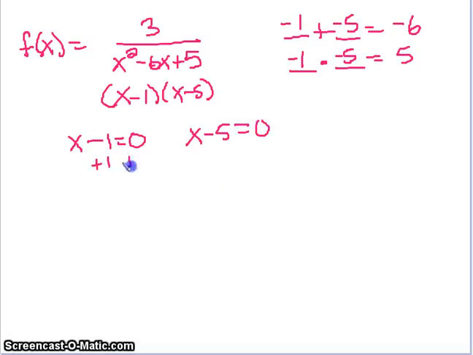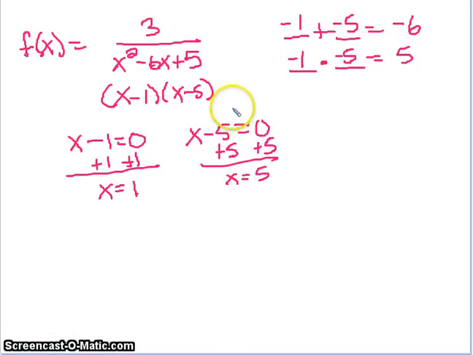Because if you add 1 to both sides, that is going to give me x equal to 1 and x equal to 5. For this particular function, we can say that x cannot equal 1 and x cannot equal 5.